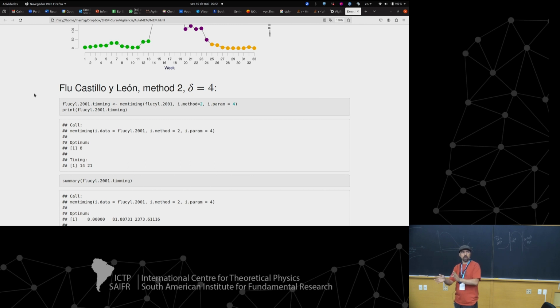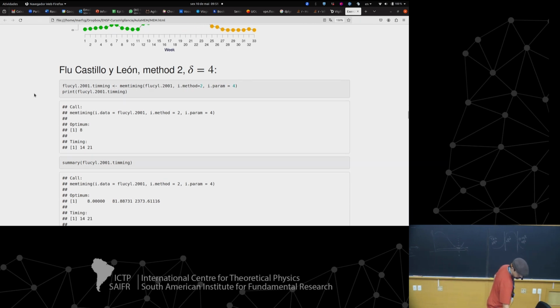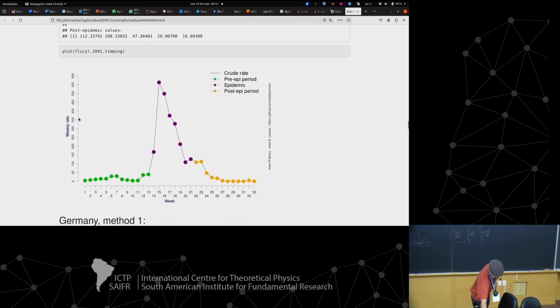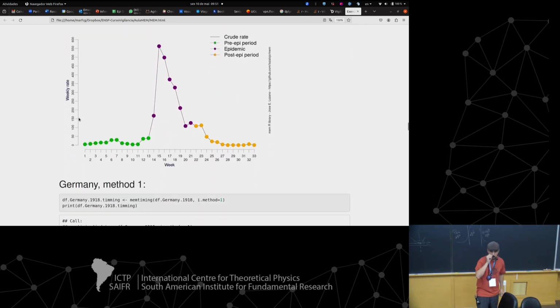When we lower the threshold, we expect it either stays the same or gets bigger. Now, the inverse. And in fact, now we go from the original 10 weeks to 8 weeks, as expected. Okay?